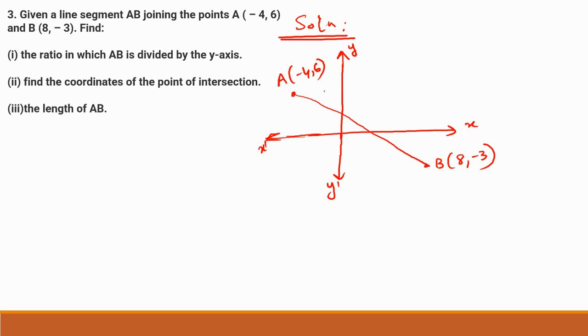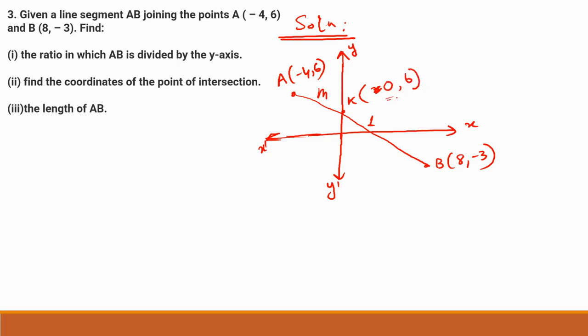So similarly, let's consider this as m is to 1. So just write, let us consider that AB is divided by the y-axis in the ratio m is to 1. Now the point of intersection is K, which is 0 comma b, right?